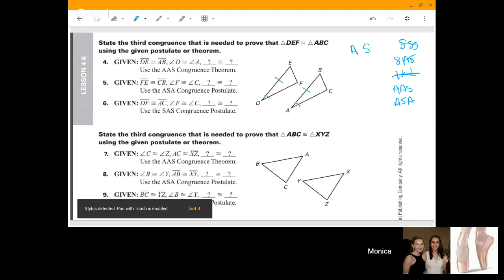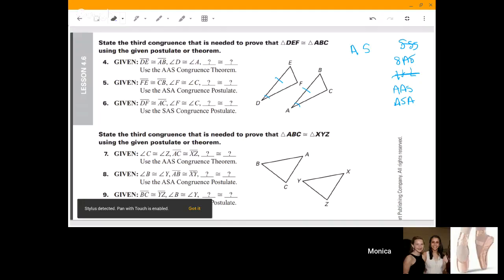So then if we were to look at it, now this would kind of depend on the given information that you have in order to tell which one of the other ones it would be. But because we know it's an angle and then it's the side attached to it, in order for it to be side angle side, you would have to prove this side true, okay?